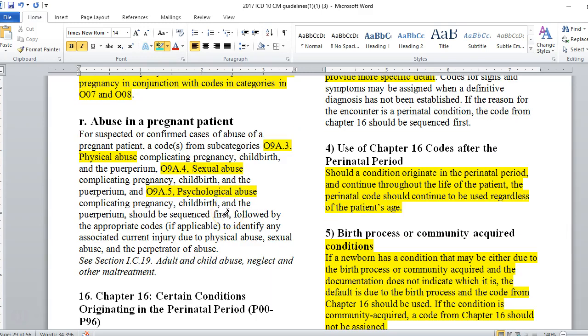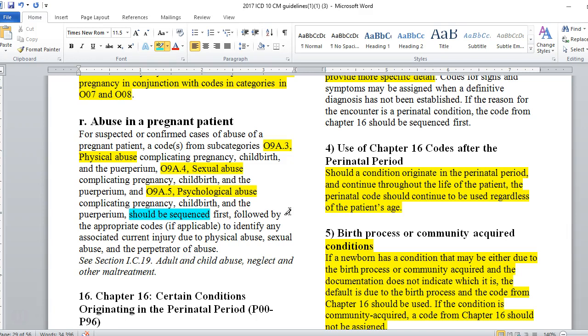We also have a couple of other codes. For suspected or confirmed cases of abuse in a pregnant patient, a code from subcategory O9A.3, physical abuse complicating pregnancy, childbirth, and the puerperium, O9A.4, sexual abuse complicating pregnancy, childbirth, and the puerperium, and code O9A.5, psychological abuse complicating pregnancy, childbirth, and the puerperium, should be sequenced first, followed by the appropriate codes, if applicable, to identify any associated current injury due to physical abuse, sexual abuse, and the perpetrator of abuse.